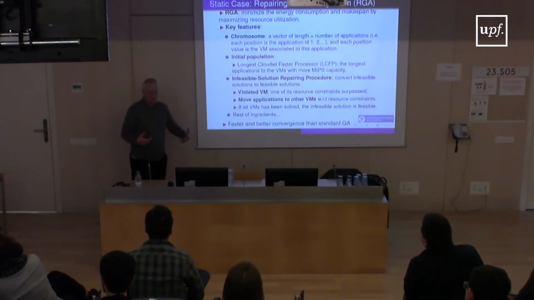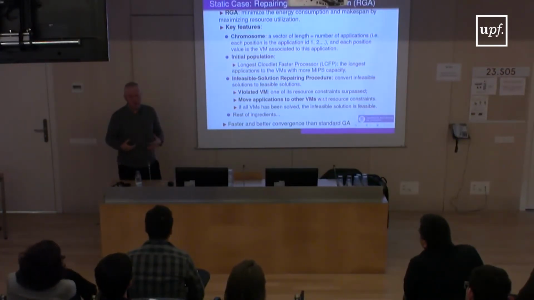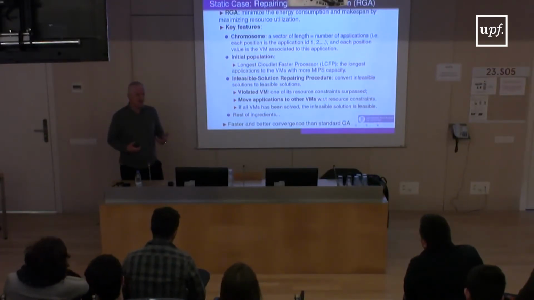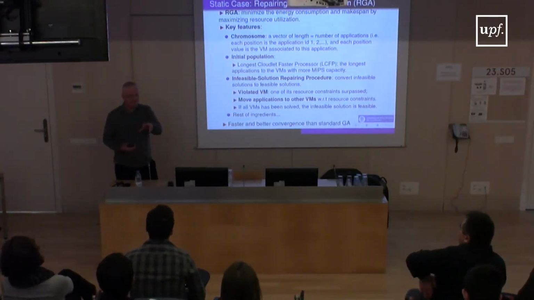Then you have two choices. Either you decide to move only into feasible solutions, so you discard that solution. Or you say, okay, I would admit that solution for the moment, and I'll repair it. Repairing is basically saying that, okay, when I make a move, that solution becomes infeasible.